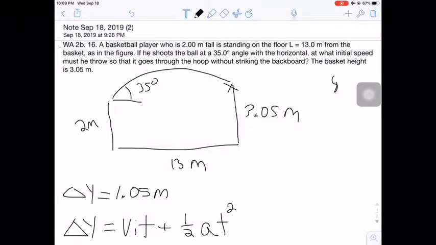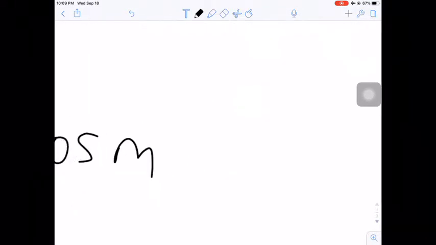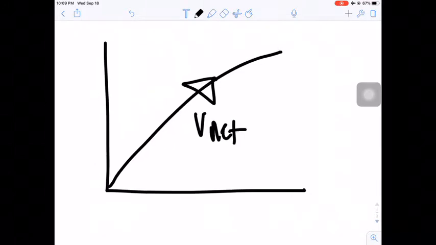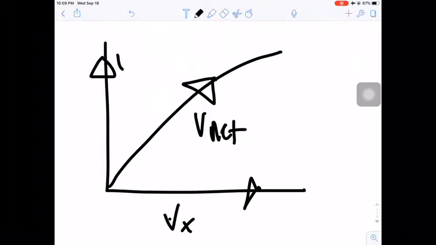So for vectors, we know that vectors have x and y components. So this would be the net, so for v net, and this would be its x component, and this would be its y component.